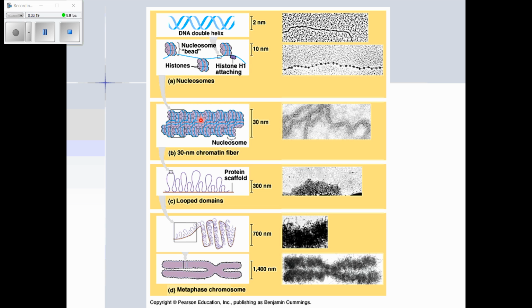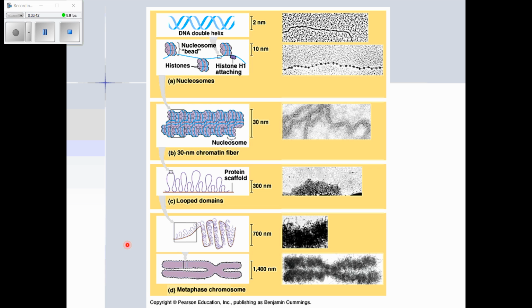Well, sometimes the DNA is in a relatively long, thin, uncoiled state. We would call that chromatin, but when it coils up very tightly to form a chromosome, then that's what we call it. We call it a chromosome.